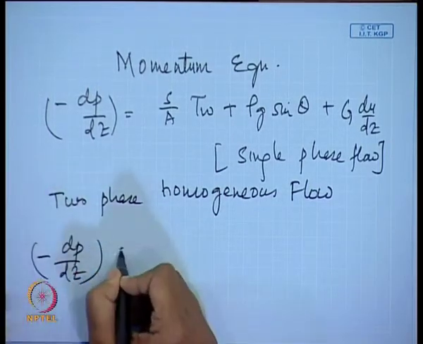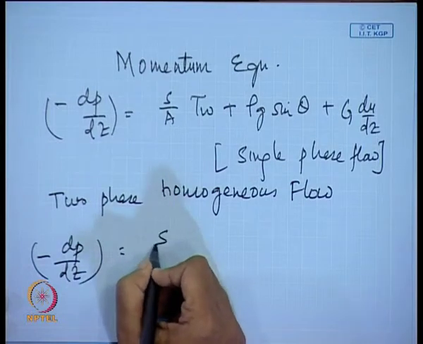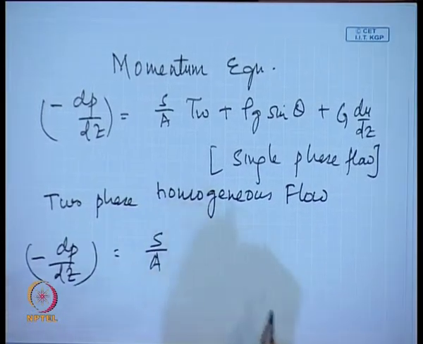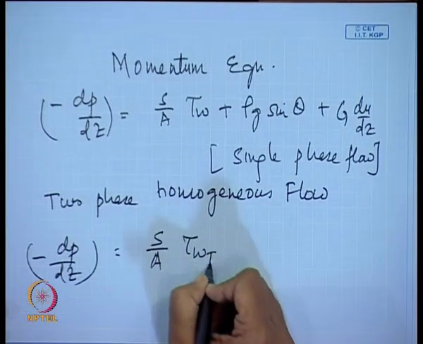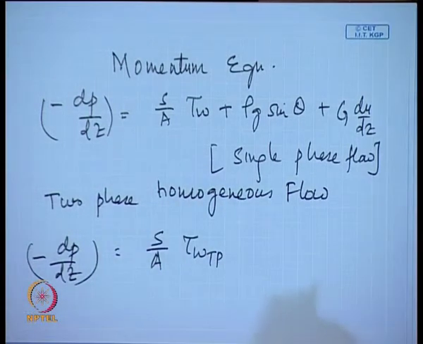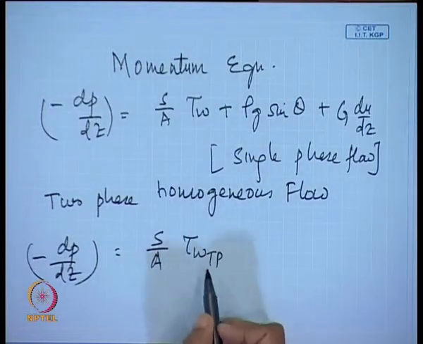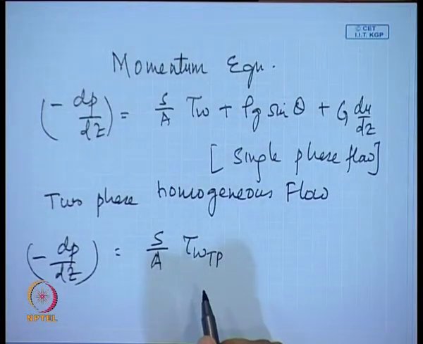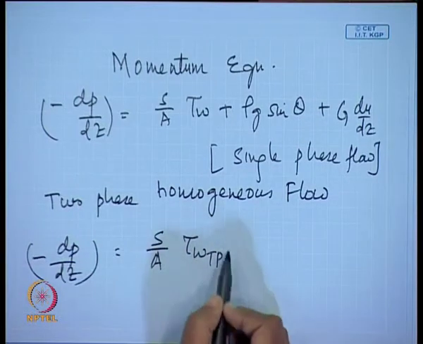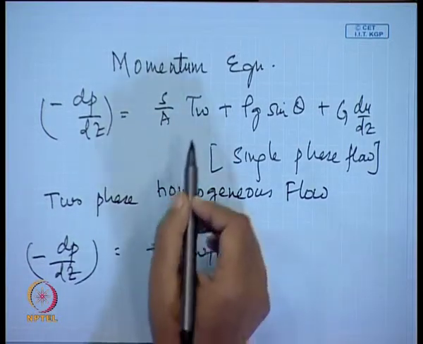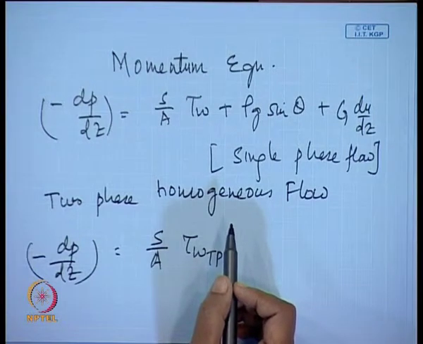Pressure gradient will be equal to wetted perimeter by cross sectional area, that is the pipe, so no problem. This has to be two phase, agreed. Now, we cannot say tau w is equal to tau w two phase. Why we cannot say? Because any wall shear stress is a function of friction factor.